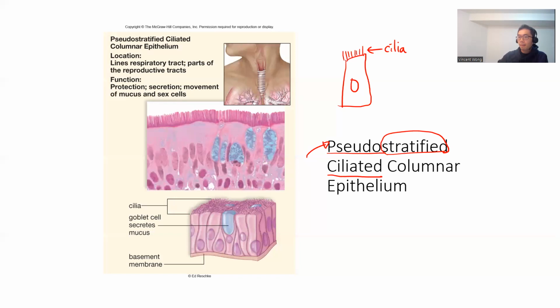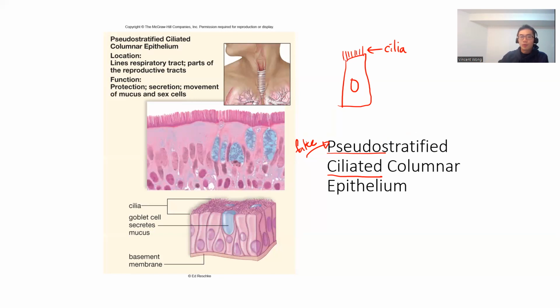Anybody? Okay, pseudo means fake. If someone uses a pseudonym, it means they use a fake name, right? So this is pseudostratified, meaning it looks like it's stratified, with multiple layers, but actually it's just a single layer.